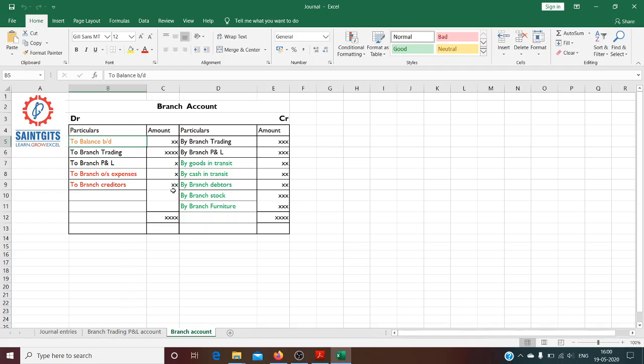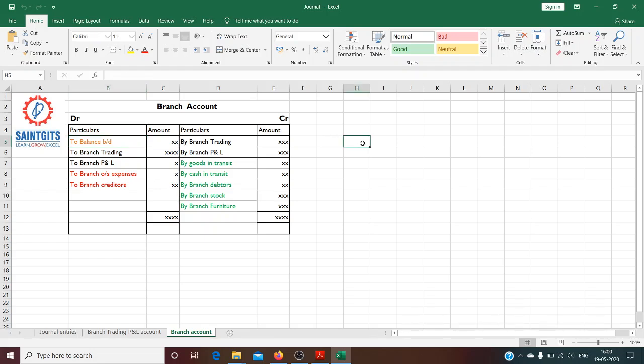So, here you can see that in the branch account, there is a balance brought down. That means there should be some opening balance for the branch account.